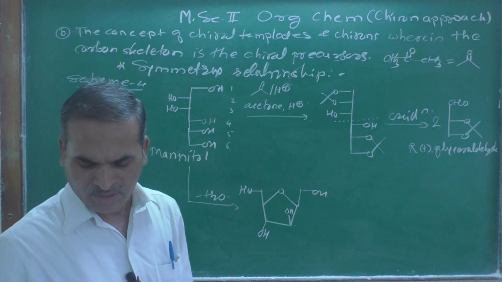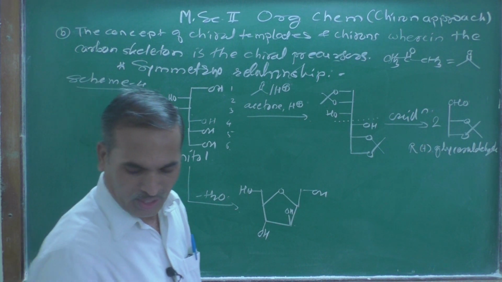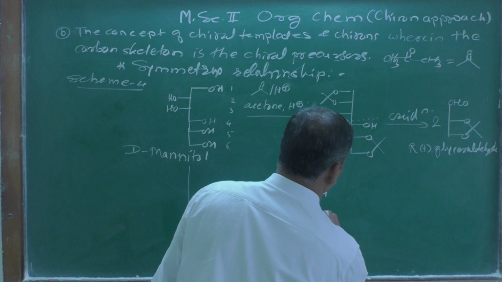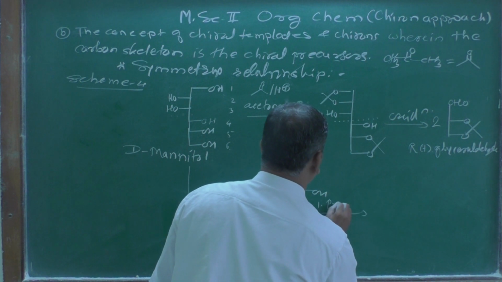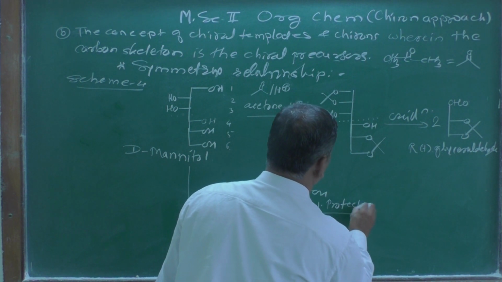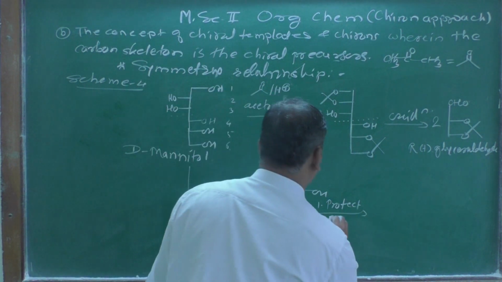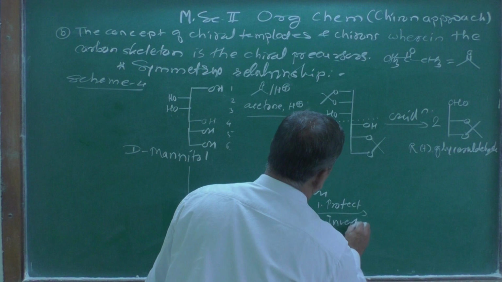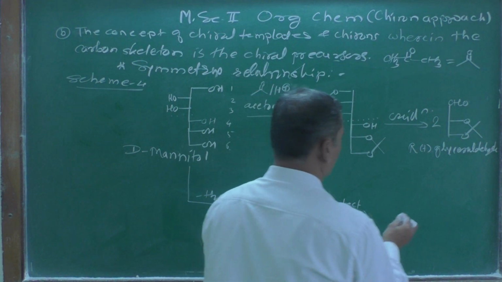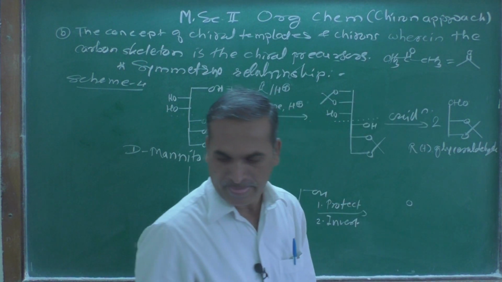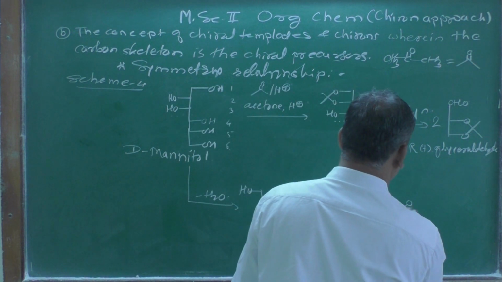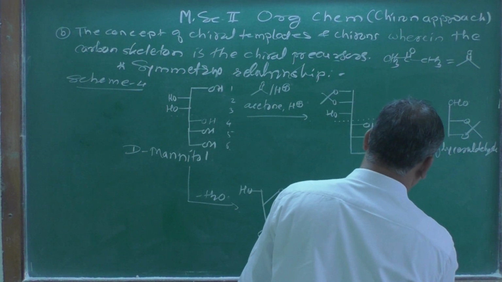First protect this group, the protection you can do, and finally invert, which means rotate it, so that you finally get a structure like this.